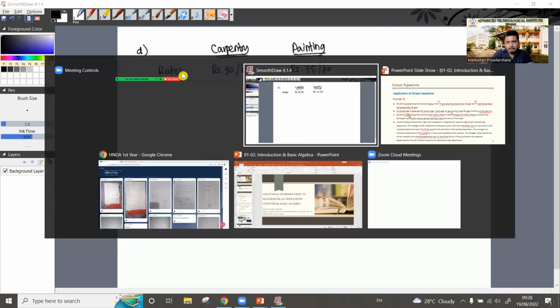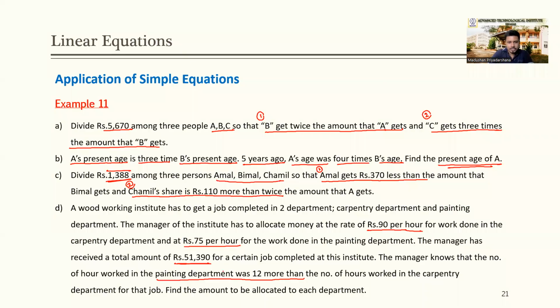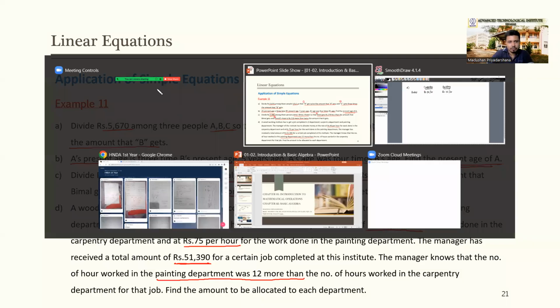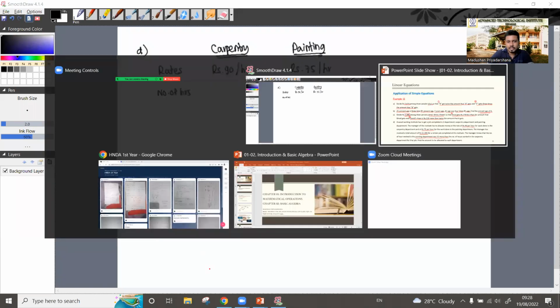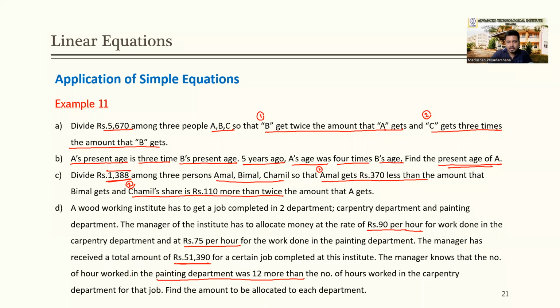Then, what they are mentioning regarding the number of hours worked. What they have mentioned regarding the number of hours worked in these two departments. The number of hours worked in the painting department was 12 more than the number of hours worked in the carpentry department.